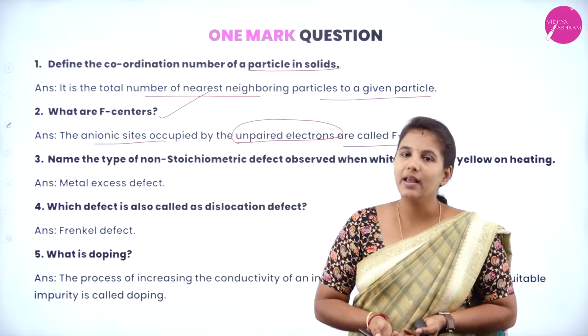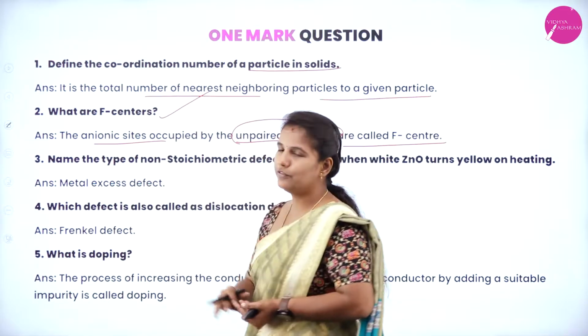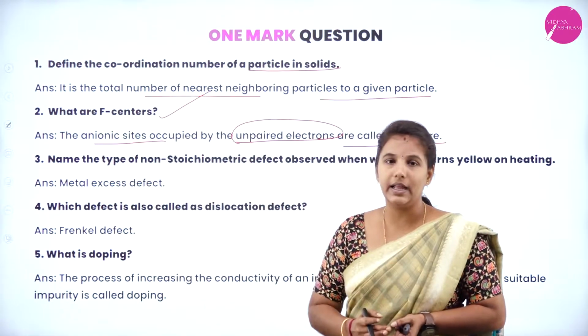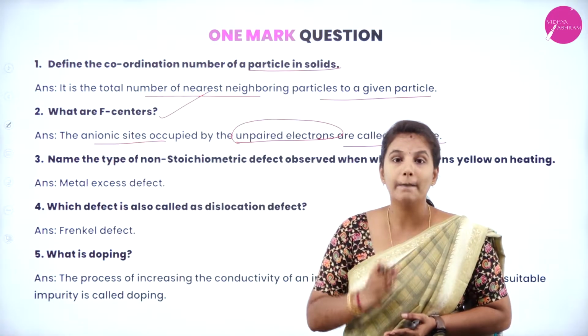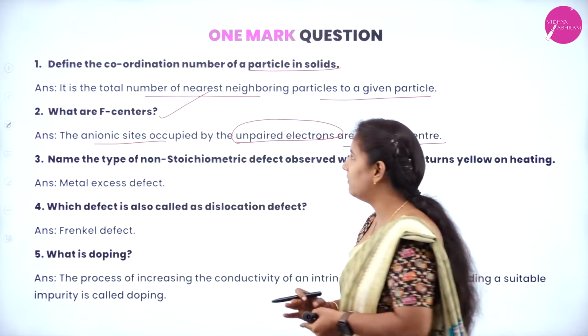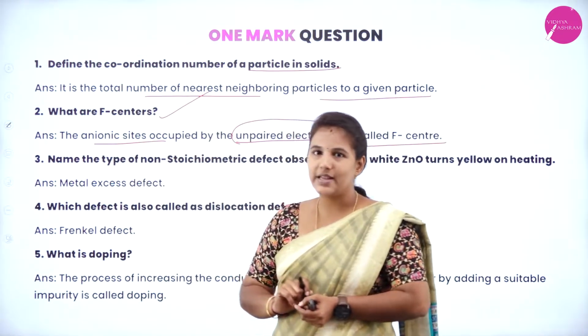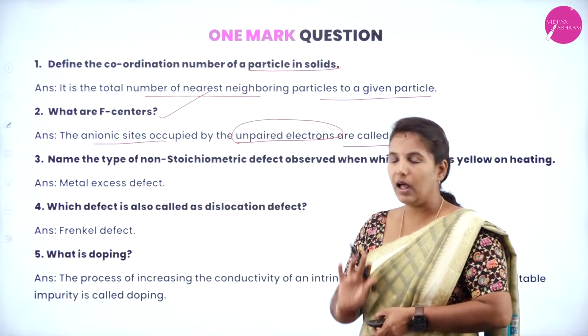It is said to be an F center. These 2 questions have been asked repeatedly in your midterm as well as in the board preparatory exam. Even in the board preparatory exam they asked what is an F center. So this is an important 1-mark question.